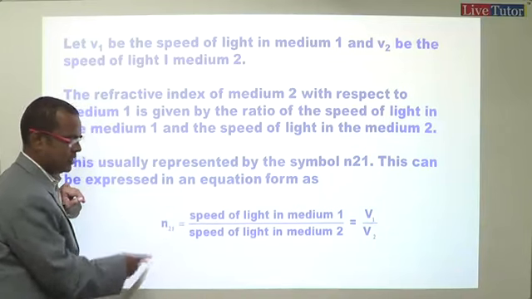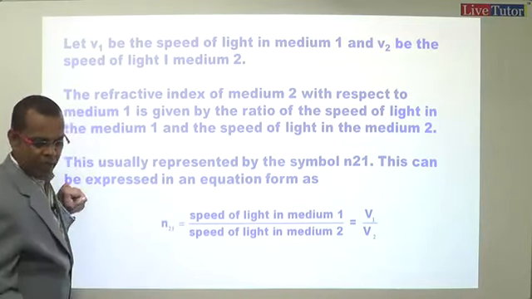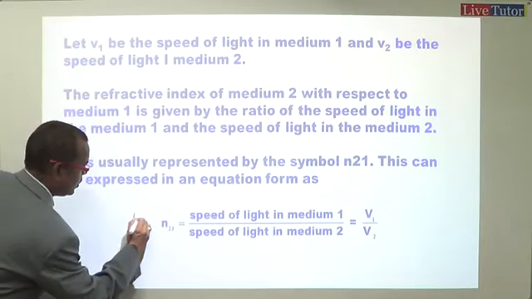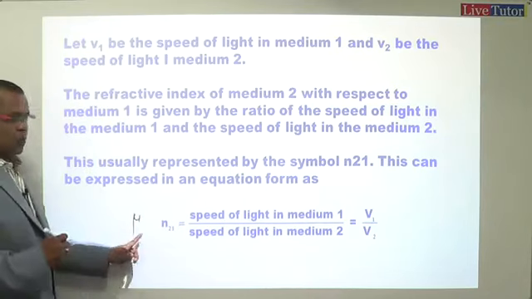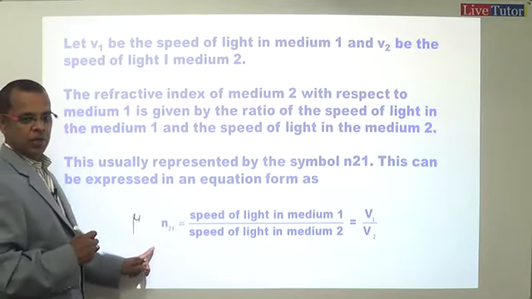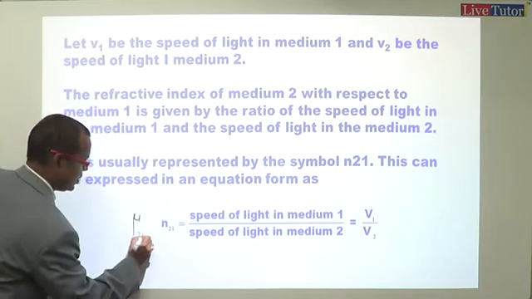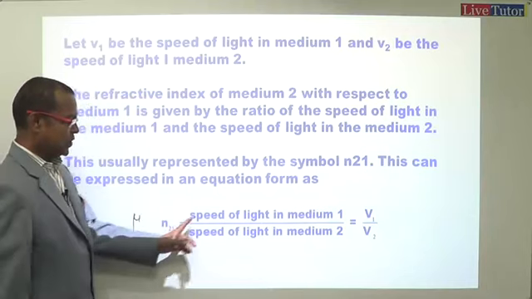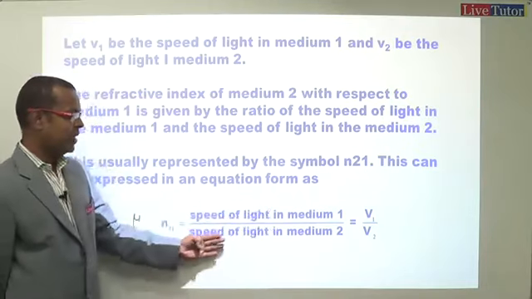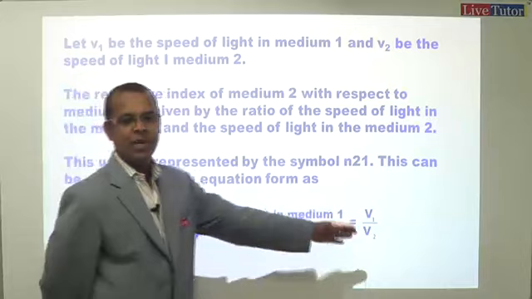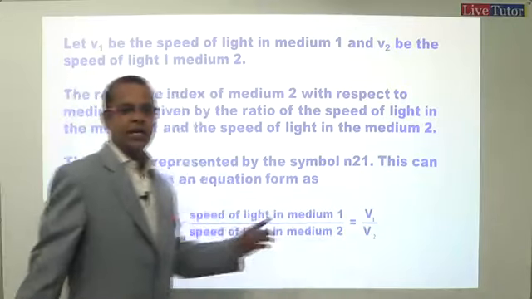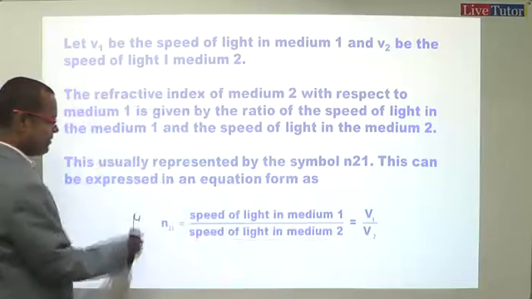So n21, or we call it mu 21. So the speed of light in medium 1 by the speed of light in medium 2 is v1 by v2.